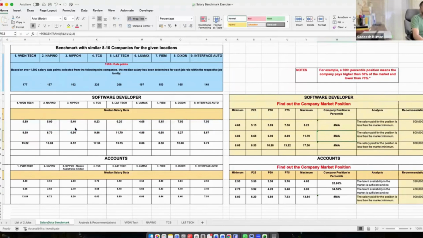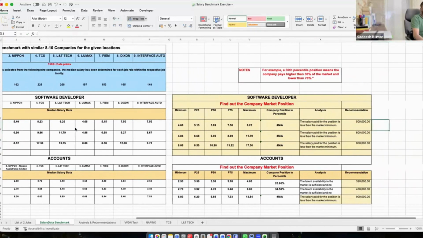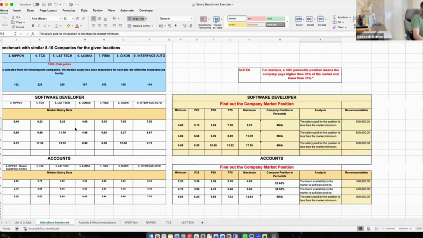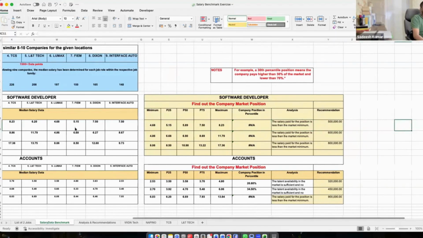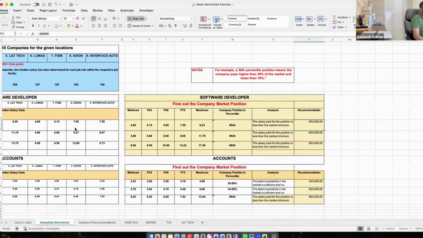We were not able to get the company's position percentile because this company is already paying lesser than the market minimum, which was written here as an analysis.